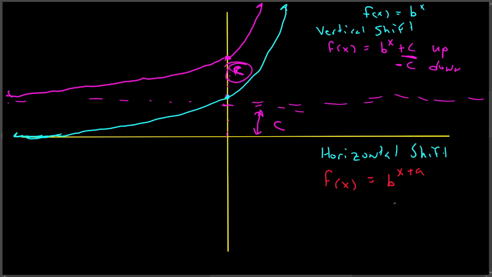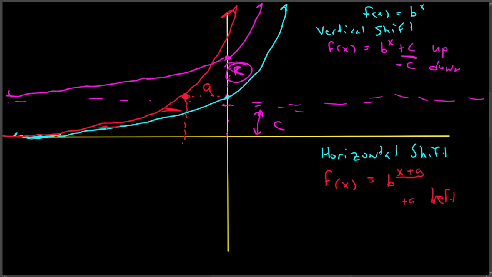So a positive a, plus a, shifts left, right? And so I'm going to move this back a distance of a. And so it shoots off towards infinity from here, but still goes down asymptotically. And it's separated from this by a distance of a everywhere around. And so a horizontal shift is adding to x.